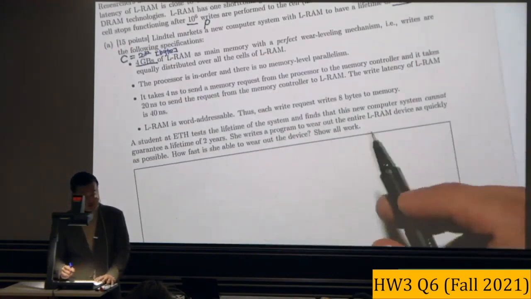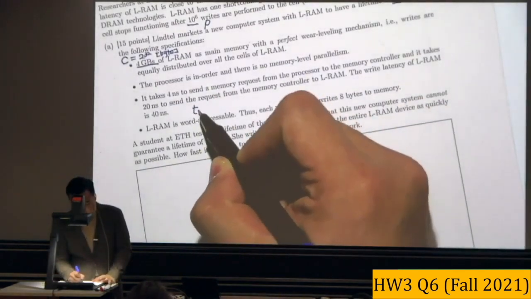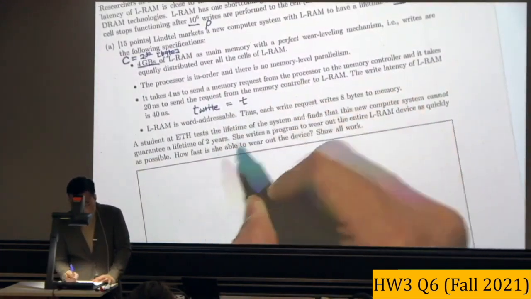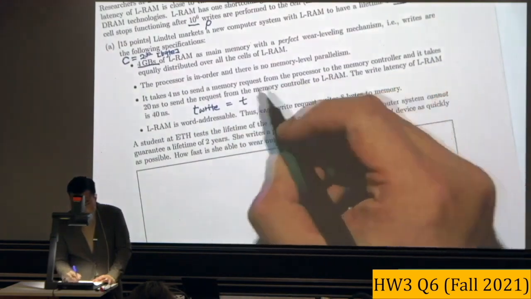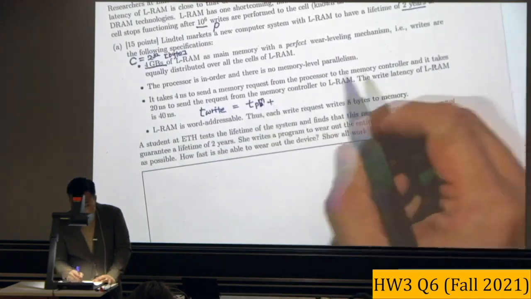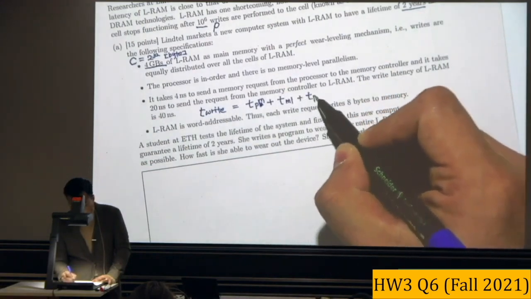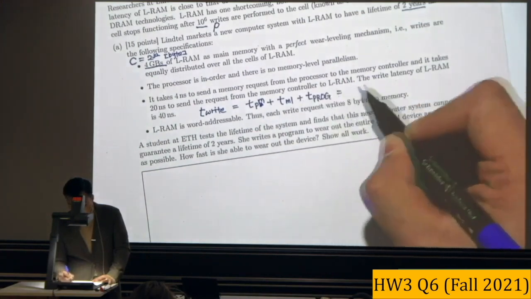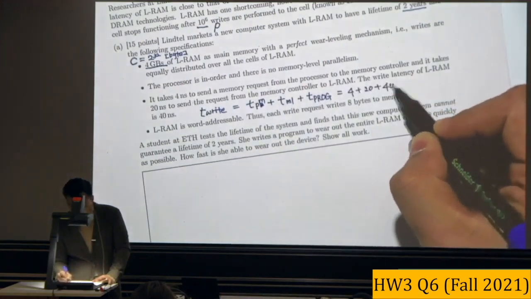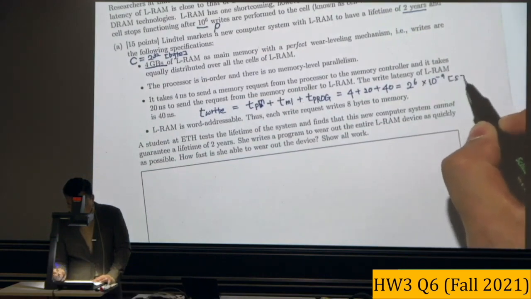So to write data to an LM cell, the total time, let me put this as T write, is the transfer time from the processor to the memory controller, let's put this T PC, and another transfer from the memory controller to LM, T CM, and the program latency of LM, and it's 64 nanoseconds.